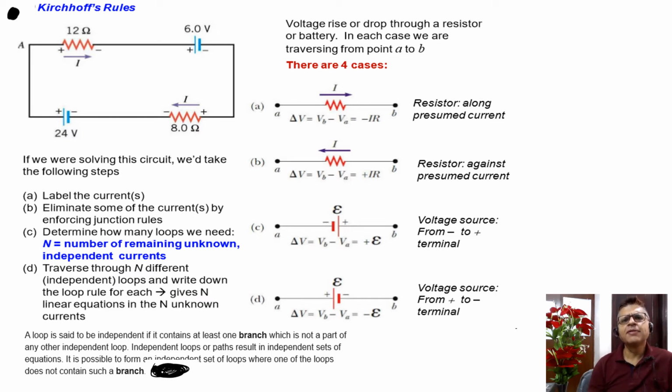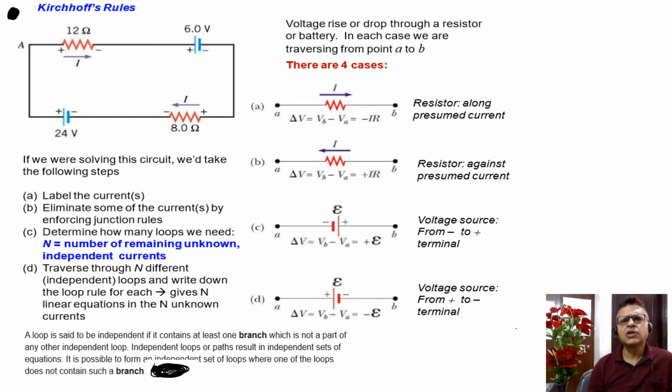When I say independent loop, I mean if you've already selected 2 loops, the third loop must have some elements like a resistor and a battery which are not present in the previous 2 loops. So this third loop will be called an independent loop.